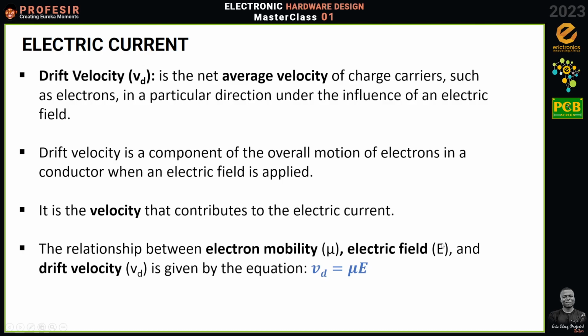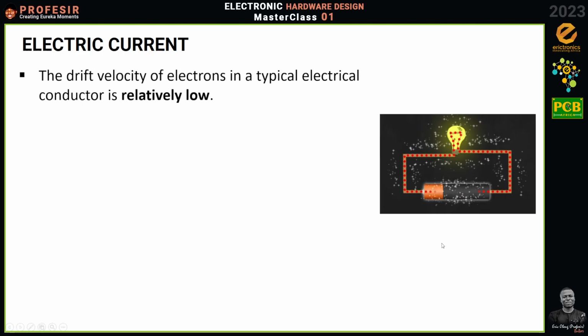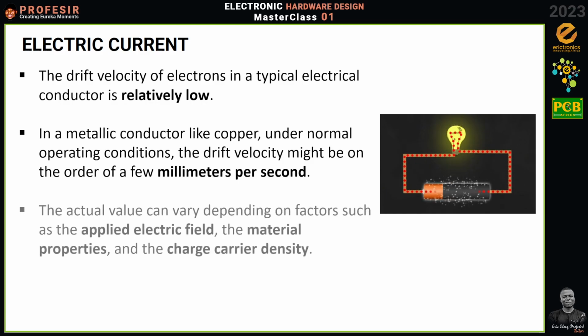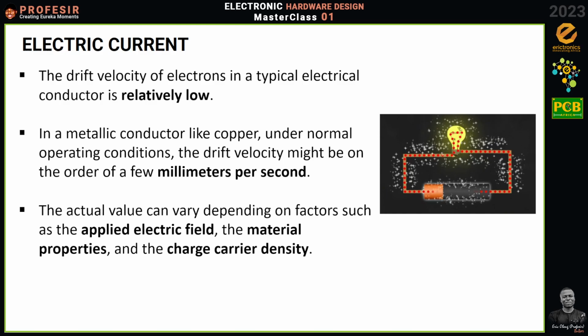This is interesting. Still on our thought experiments and studies, the drift velocity of electrons in a typical electrical conductor is relatively low. What values are we talking about here? We are talking about a few millimeters per second. Compare that to the energy, which is moving close to the speed of light, and the speed of light is 300 million meters per second.